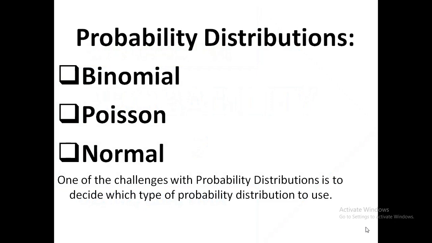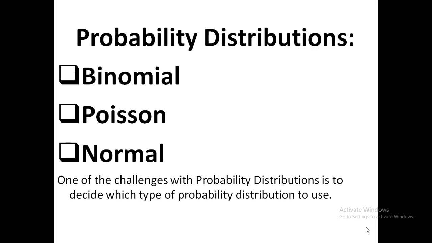Let me remind you that there are 3 different probability distributions that are examined in our DA2 quantitative analysis subject for the Zika program. We have already looked at the normal distribution. We need to look at the binomial and Poisson. Let me also remind you of the challenge that you always have in an exam: deciding which probability distribution to use at any particular point.